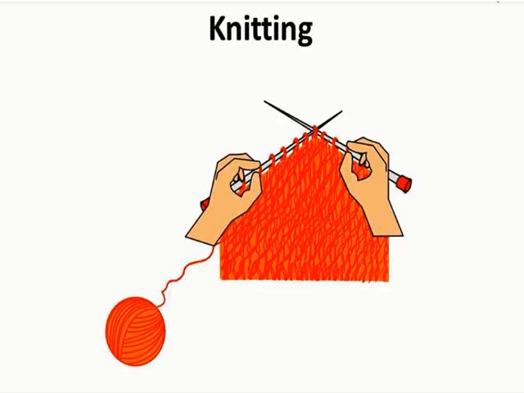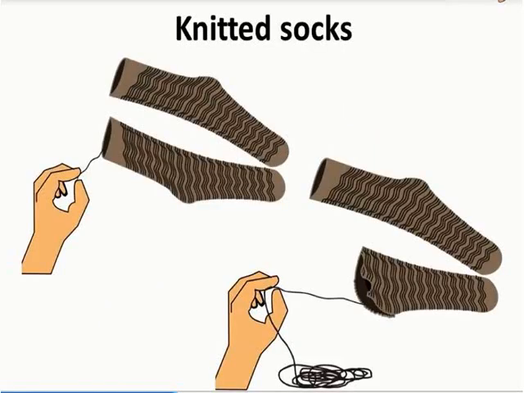It can be done both by hands as well as machines. Besides woolens, knitting is also used in other clothing items as well. Have you ever observed that a small string from your socks, if pulled out, a single yarn comes out of it continuously, isn't it?